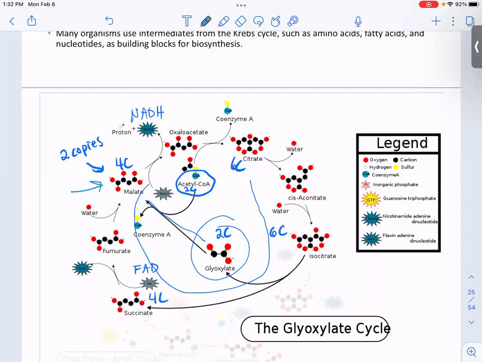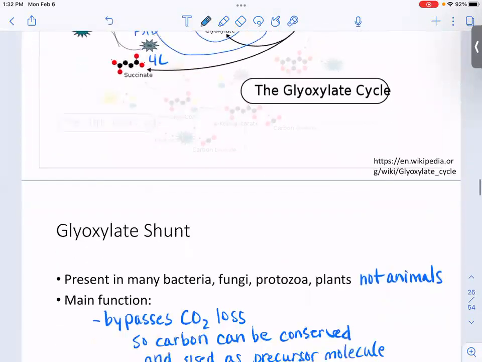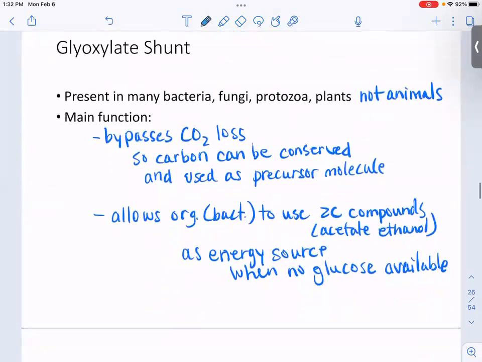So that's the thrust of what we're talking about. Some bacteria can be a little more flexible in that they don't have to use a sugar. They can use some kind of 2-carbon compound, not necessarily just glucose, as an energy source.